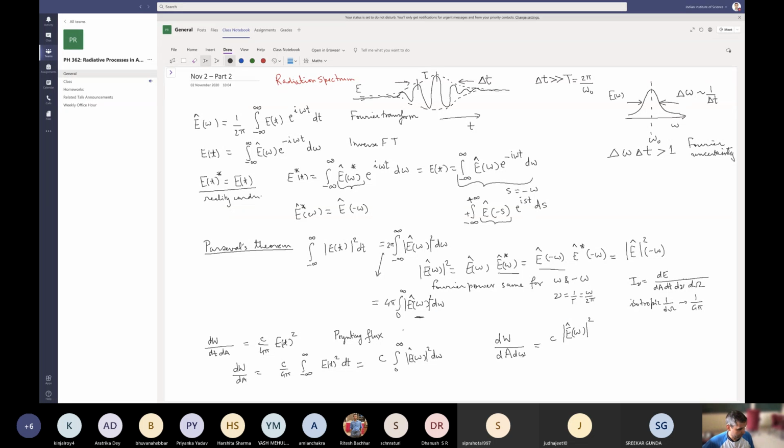Now, for that, dA d omega dt is really equal to 1 by delta t, this time duration of the pulse, times dW by dA d omega.